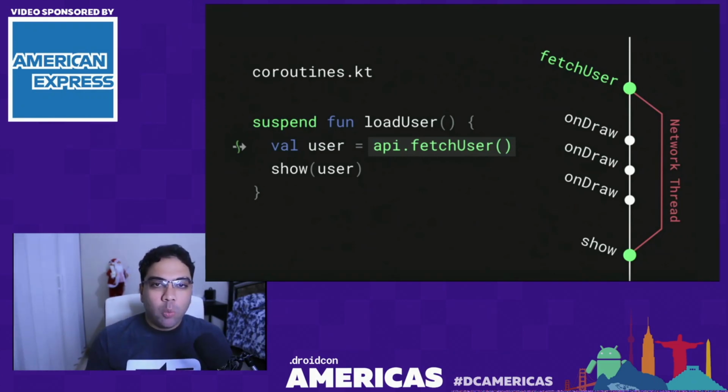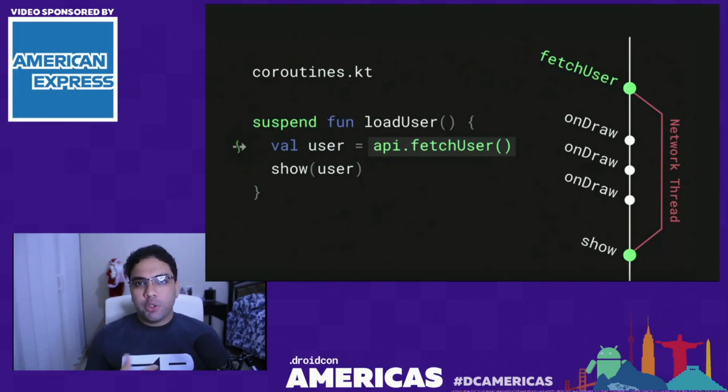Then, when fetch user is finished, it comes back to the UI thread and shows whatever we want to show. You can see on the left the call to that show function. That's called when fetch user finishes and returns. Meanwhile, our UI is not blocked.